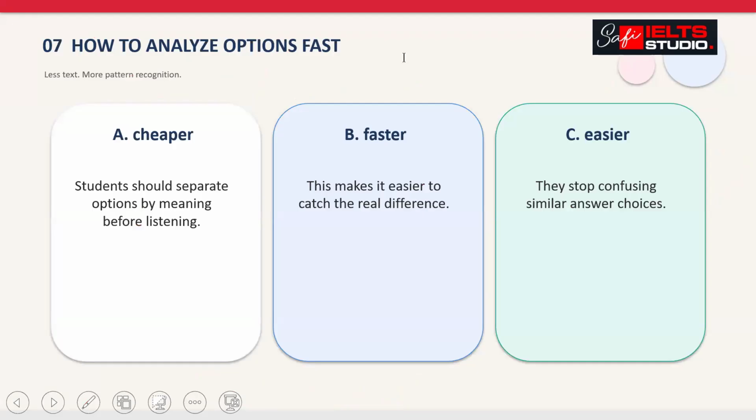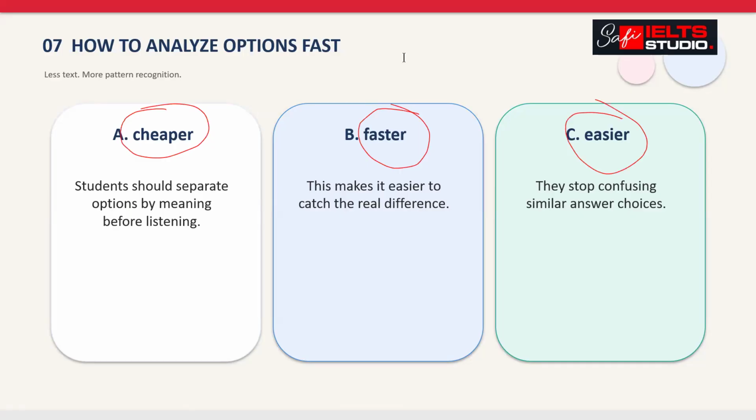Okay, so how to analyze options? Make sure, for example, there are three options. The first option is cheaper, the second one is faster, the third one is easier. So there are different options. Students should separate options by meaning before listening. Look, you need to differentiate between all these three answers: cheaper, faster, and easier. This makes it easier to gauge the real difference.